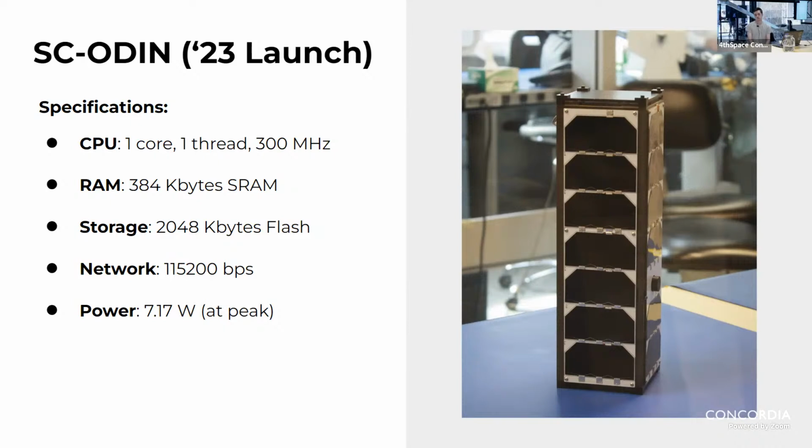And for storage, about 2 megabytes of flash, sometimes less, sometimes a bit more. Very low transmission speeds, 115,200 bits per second, which is a fraction of what you can get on your computers nowadays. And maximum power consumption for the CubeSat is about 7.17 watts. Different modes of operation require less. Sometimes they'll pull 1 watt, 5 watts, etc.